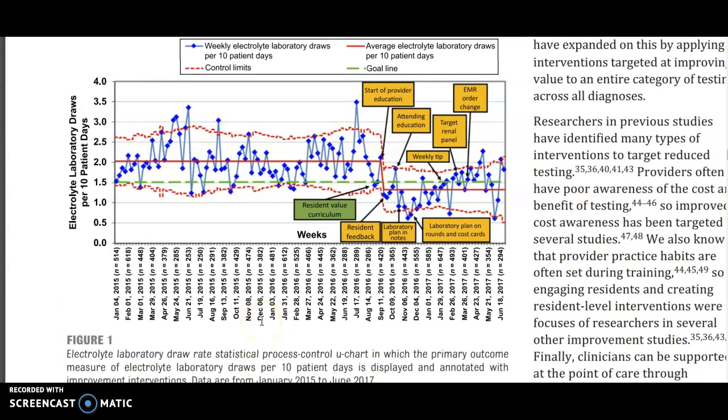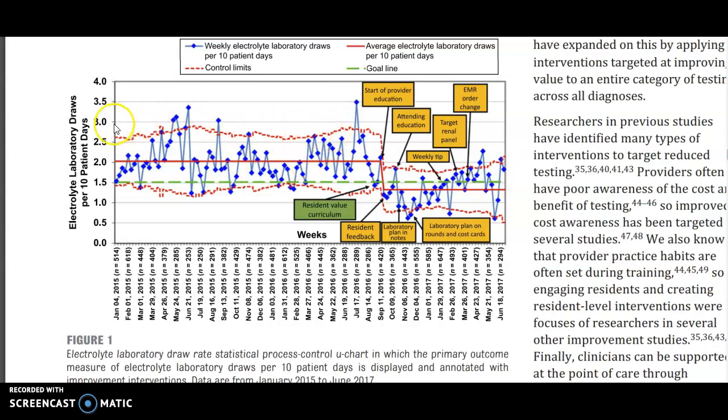A little bit different than the ones we were looking at earlier, in that it's not a normal distribution, it's a Poisson distribution, but that really doesn't affect you in terms of interpreting the results. It would impact how you set up these limits. You'd have to look up that formula and use that instead of just plus or minus 3 standard deviations. But interpreting it is fairly similar to what we had looked at before.